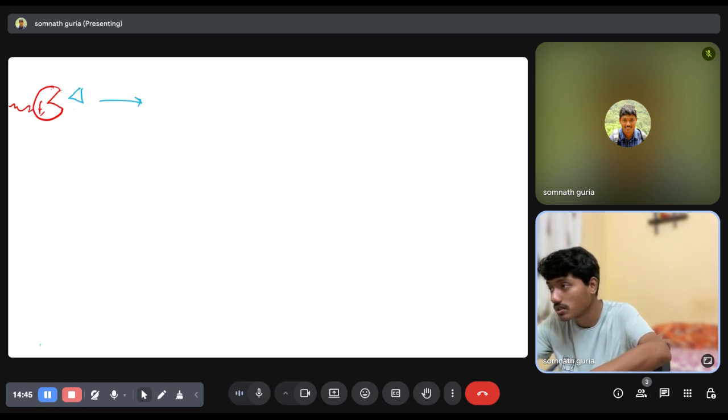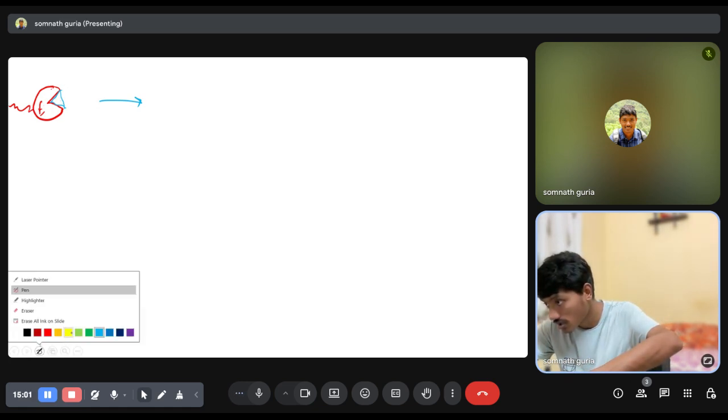We can write it over here. This is the substrate, and let's take another color.